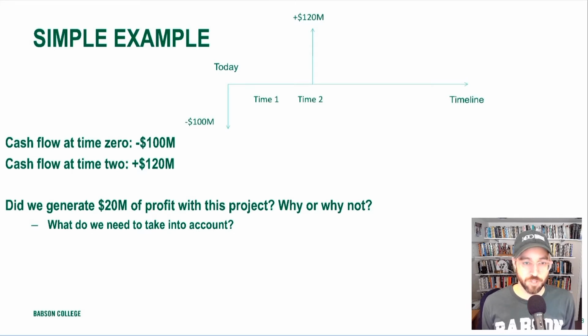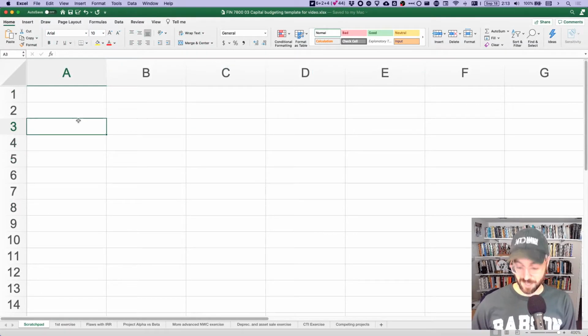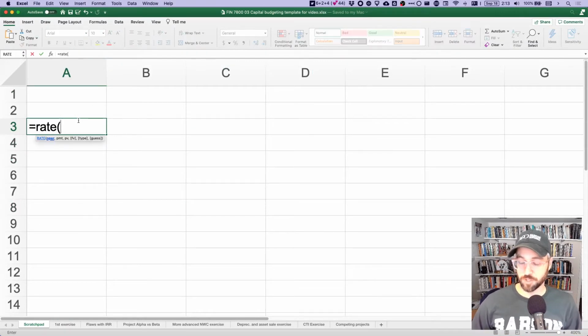Given that it took 2 years to turn the $100 million into 120, we can answer that question using our most basic time value of money tool in Excel. For a single payment security, we could use the rate function. So if I move over to Excel, I could just ask, what is the rate of return over the course of 2 periods?